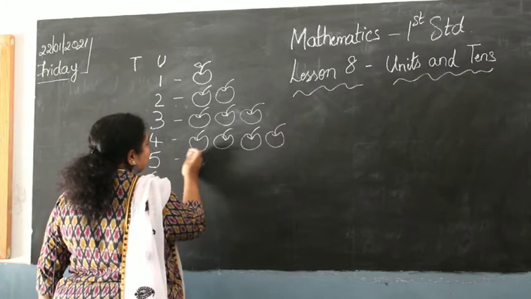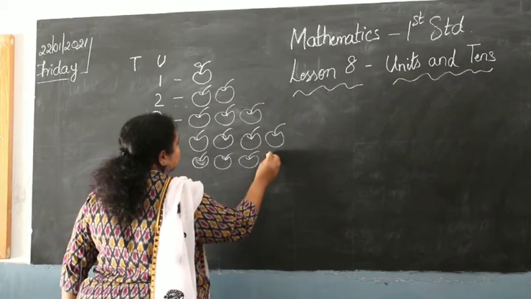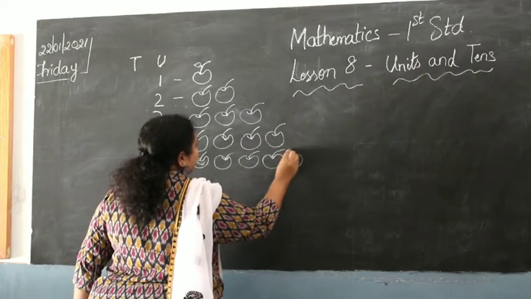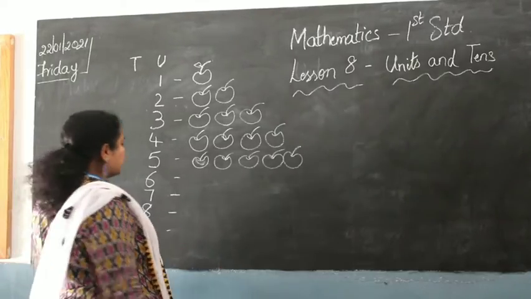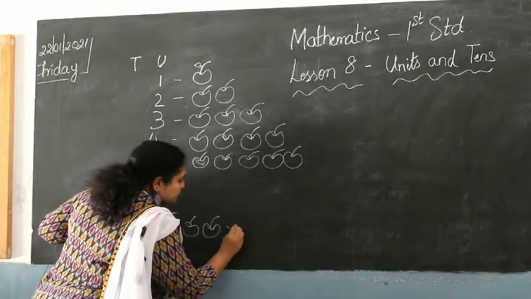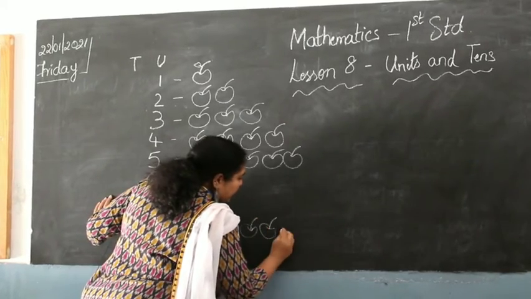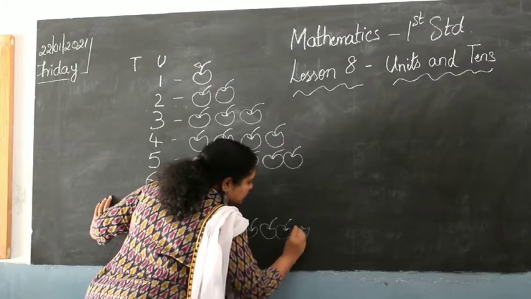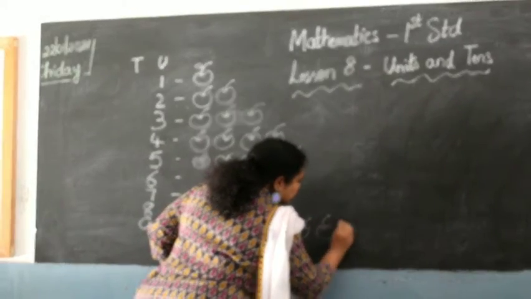For 5, then you have 5 apples. So it goes on for 6, 7, 8, 9. So when you come to 9, then you will have 9 apples. Now, so you have 9 apples.